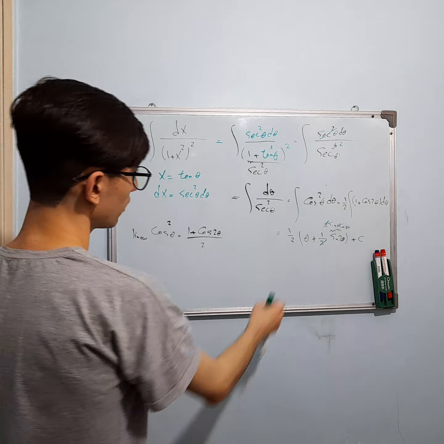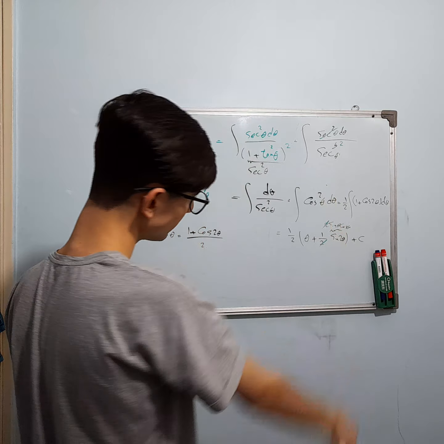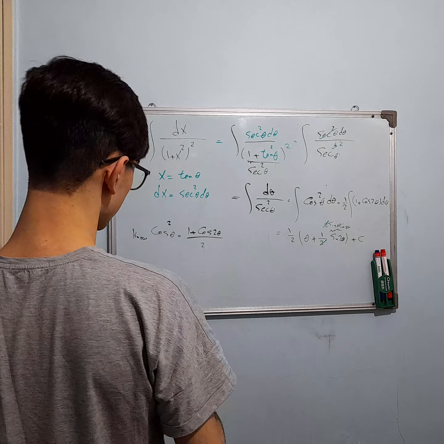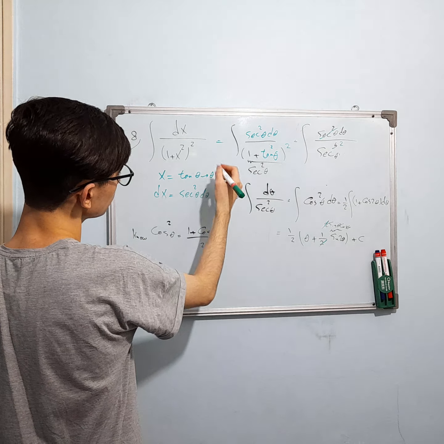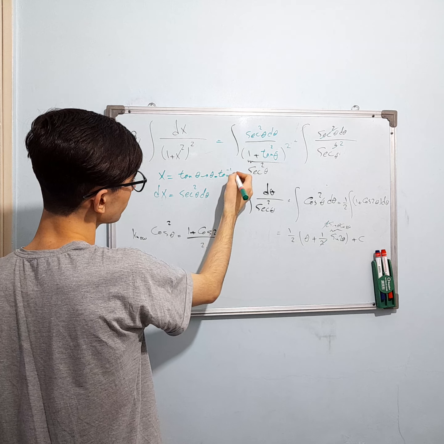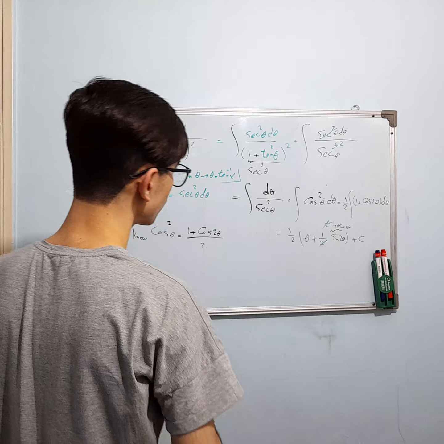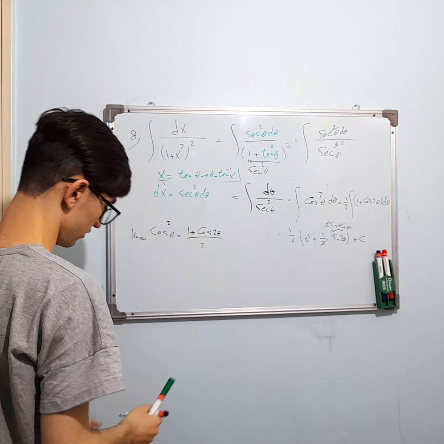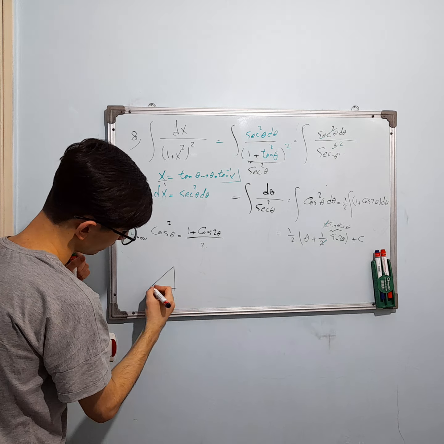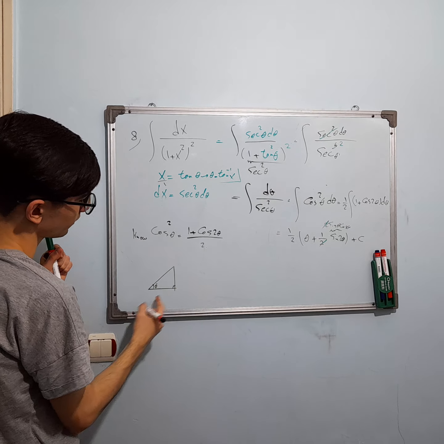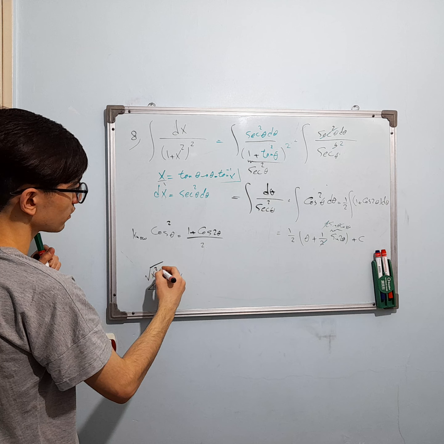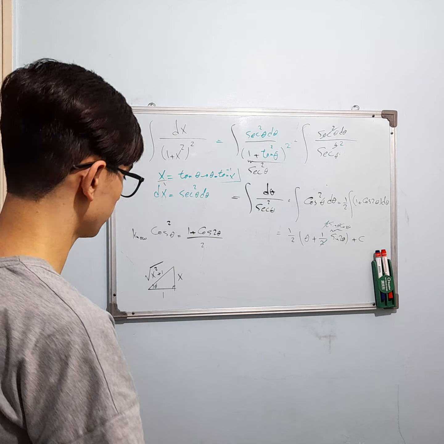Now I must find theta, sine theta, and cosine theta. To find theta, we just take the inverse tangent of both sides: theta is inverse tangent of x. For finding sine theta and cosine theta, we just need to draw the right triangle: theta, x, 1, and the hypotenuse square root of x squared plus 1.